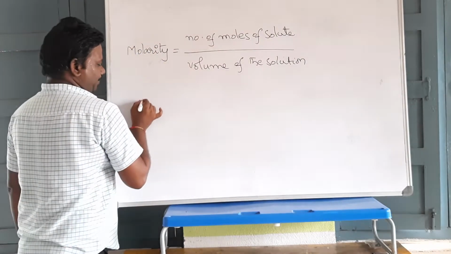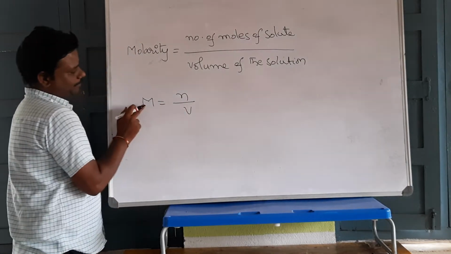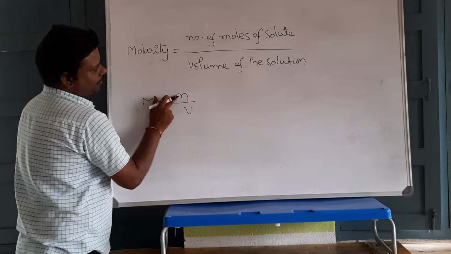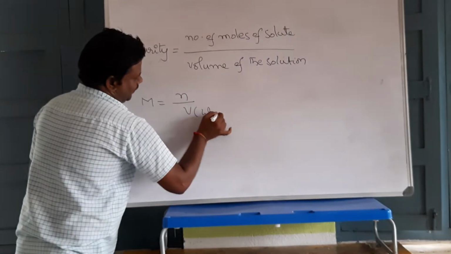So molarity capital M is equal to N by V. Here M is the molarity, N is the number of moles of solute, V is the volume of the solution in liters.